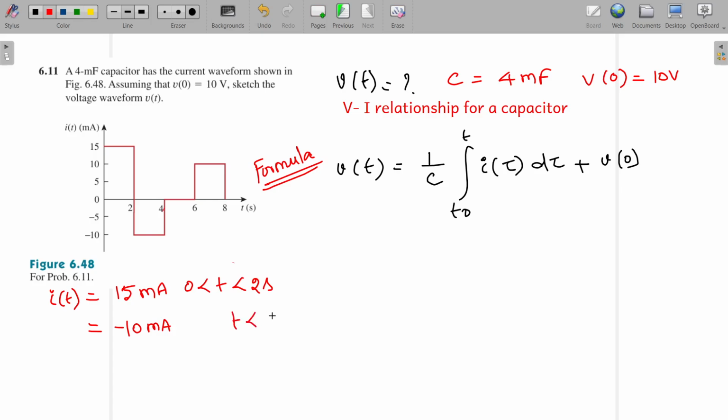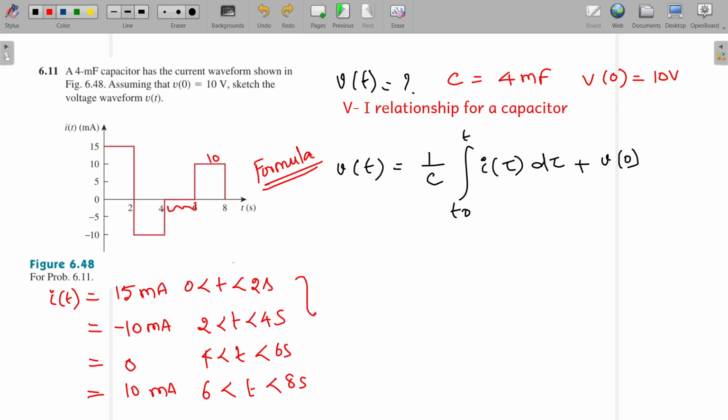It is equal to 0 for the time period 4 to 6, and it is equal to 10 milliamps for the time period between 6 to 8 seconds. This is the one we are going to use in this formula.